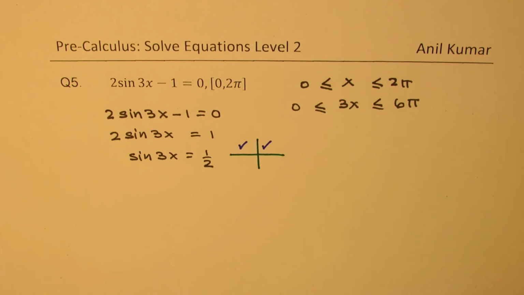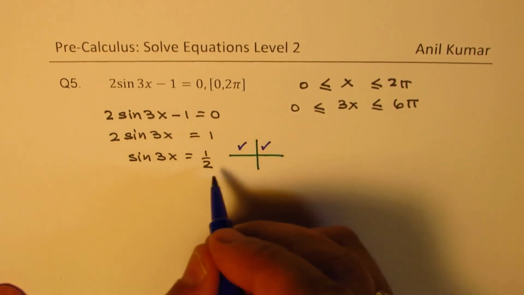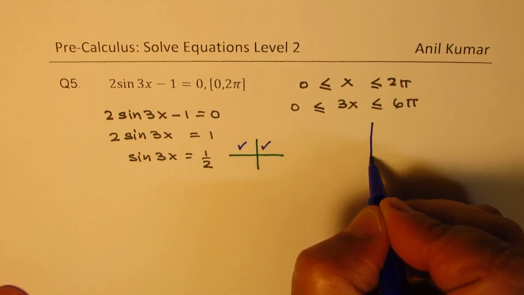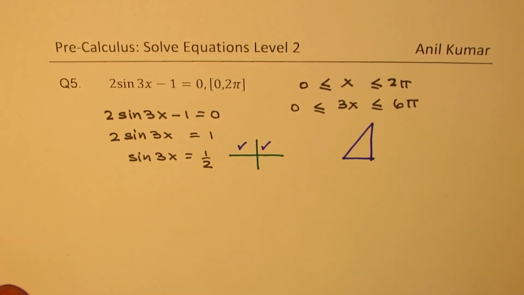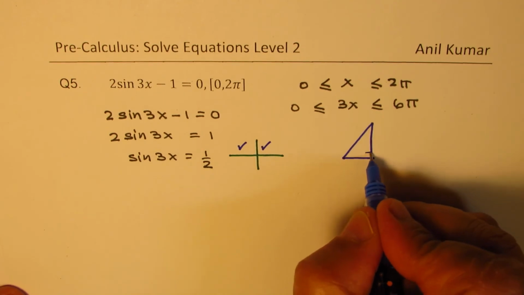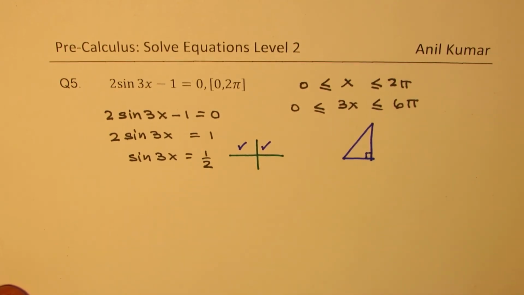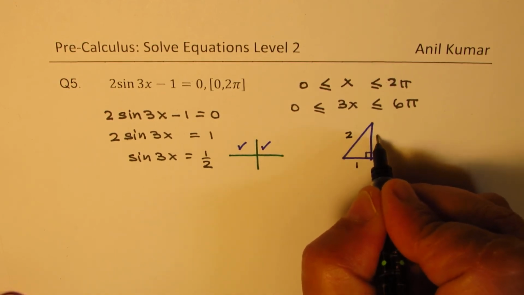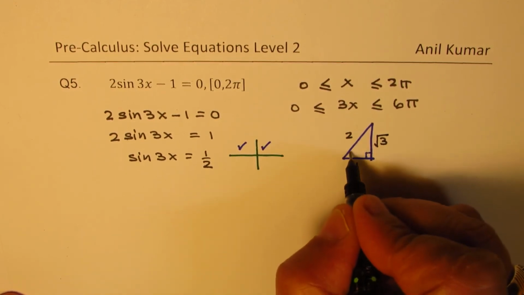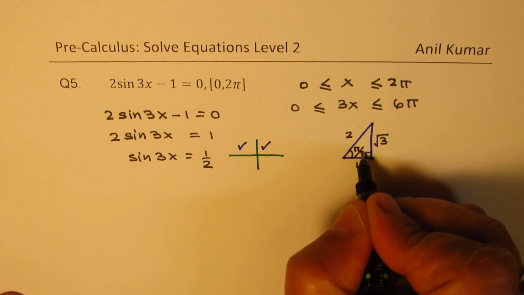Clear? To find these values, we can use a special triangle, right? 30, 60, 90 triangle, or pi by 3, pi by 6 triangle. So in this right angle triangle, we have the sides as 1, 2, square root of 3, where this side is pi by 3.